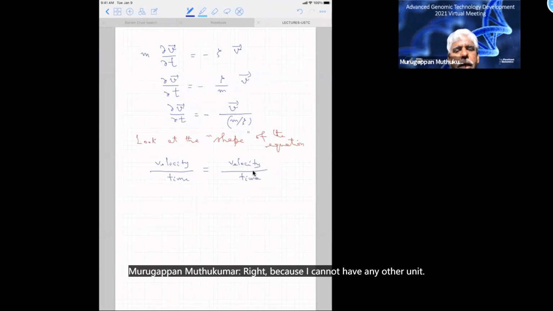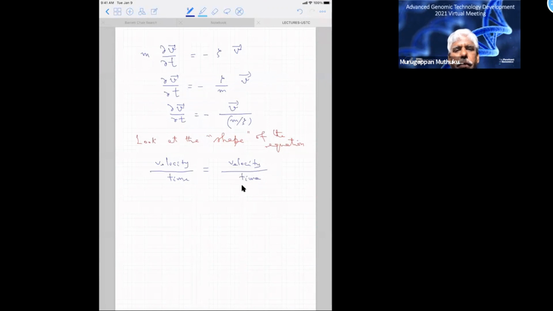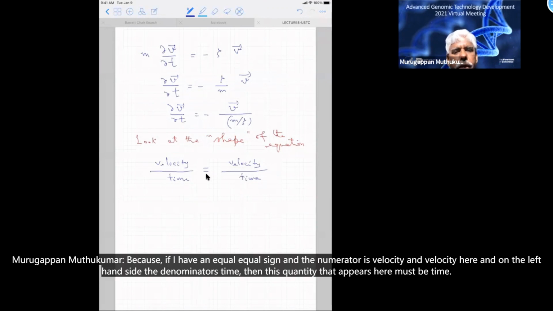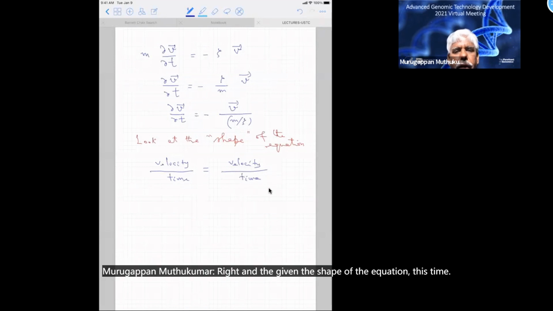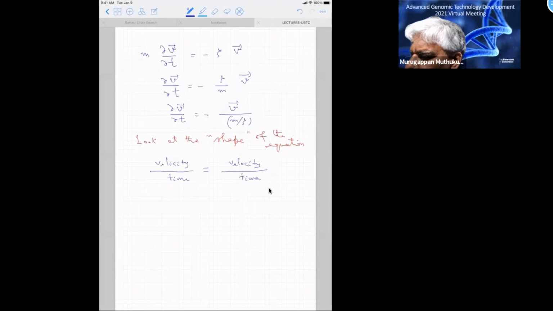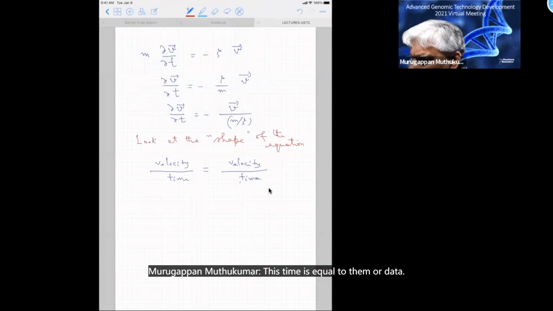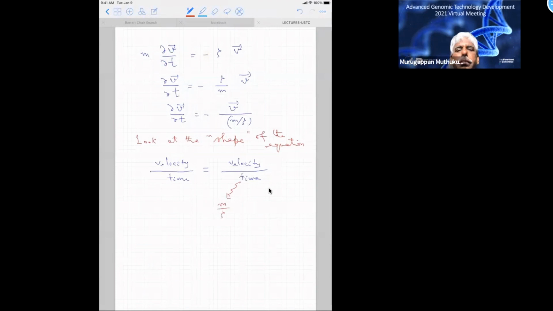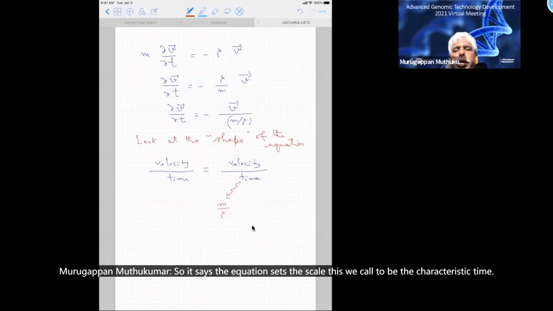I cannot have any other unit, because if I have an equal sign and the numerator is velocity here, and on the left-hand side the denominator is time, then this quantity that appears here must be time. And given the shape of the equation, this time is equal to m over zeta. So the equation sets the scale.